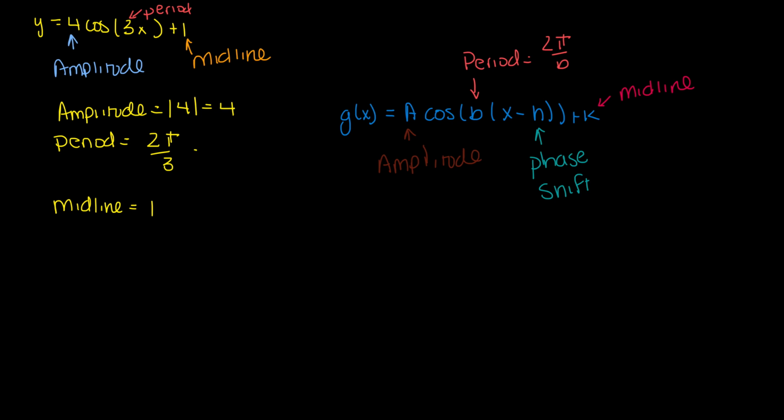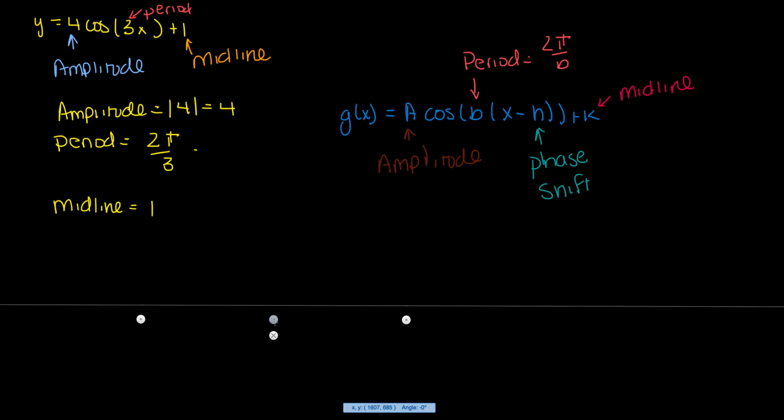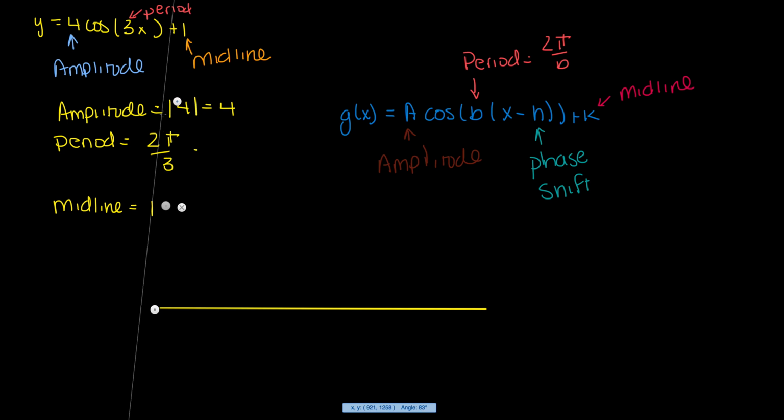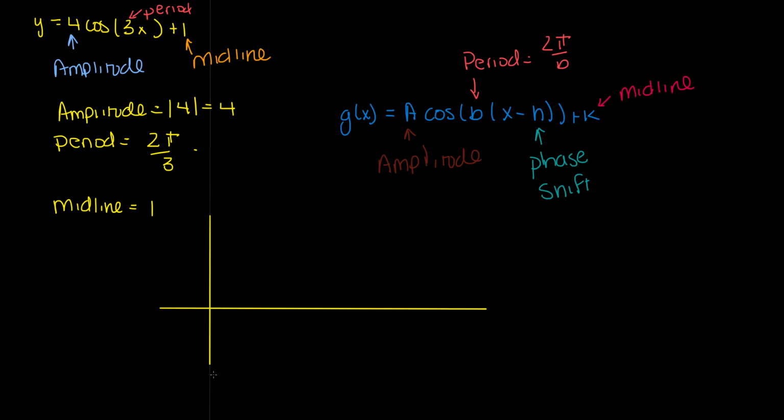What does this look like graphically? Let me get my ruler and draw this out. There's my x axis. We don't have a phase shift, so I'm going to start here on this end. We do have an amplitude, so I'm going to go a little bit higher.